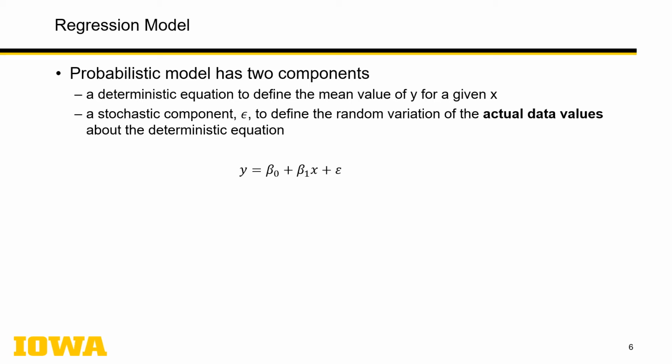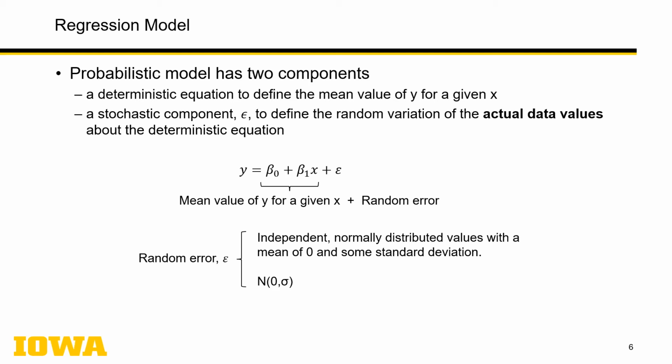So the probabilistic model has two components, as we just discussed: a deterministic equation and this stochastic component, eta, to define the random variation of the actual data values. So there is the deterministic component, which gives a mean value of y for a given x, and then we have the random error tacked on. This random error, to be specific about it, is basically what might be referred to as white noise. Each of the points, if you plotted them themselves, would be independent.